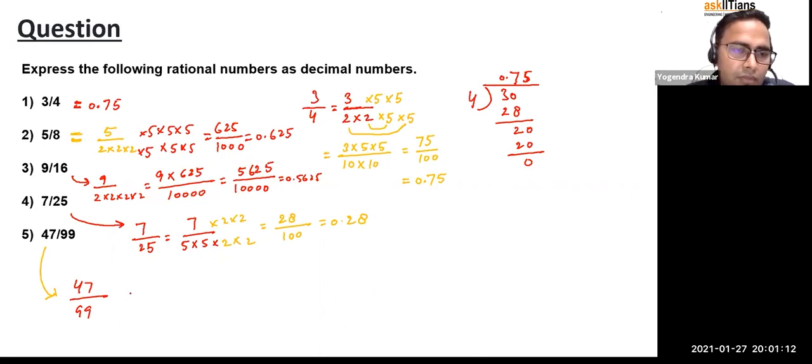That's why we did that. But here we need to do long division. I need to write the point and 0 here. So how many times will it go? 4 times, right? 4 times here. So what will we write?